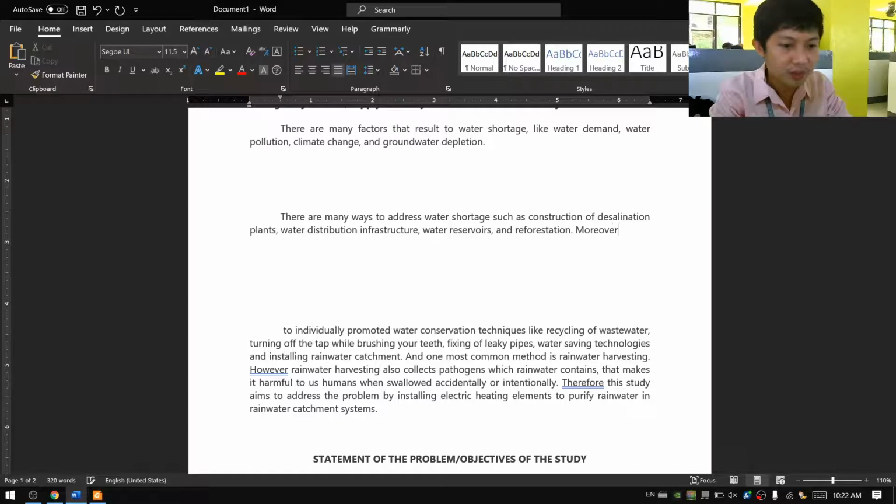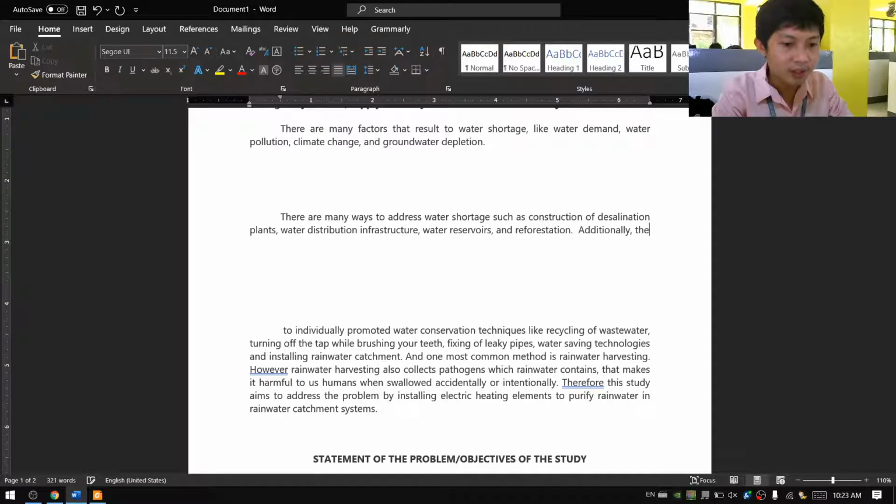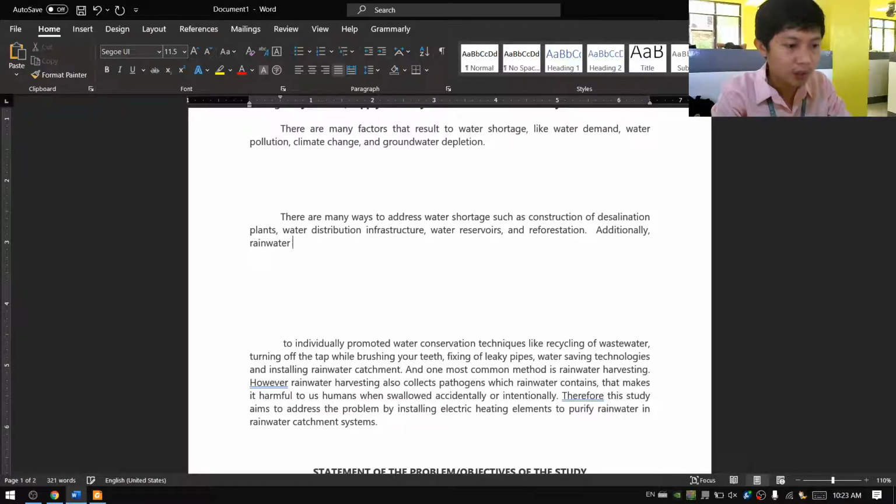Moreover, or additionally, rainwater catchment is ideal for... Okay.